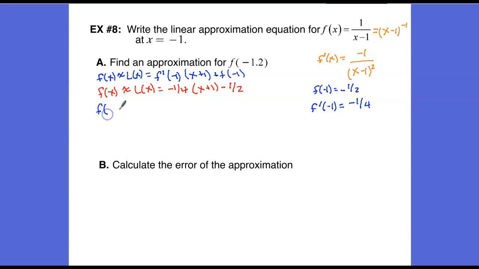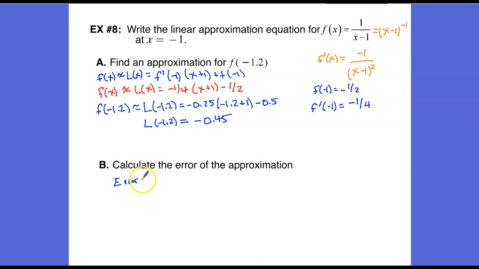So now let's do f of negative 1.2. That's approximately L of negative 1.2, and that's equal to negative 0.25 times negative 1.2 plus 1 minus 0.5. So L of negative 1.2 is going to be equal to negative 0.45.